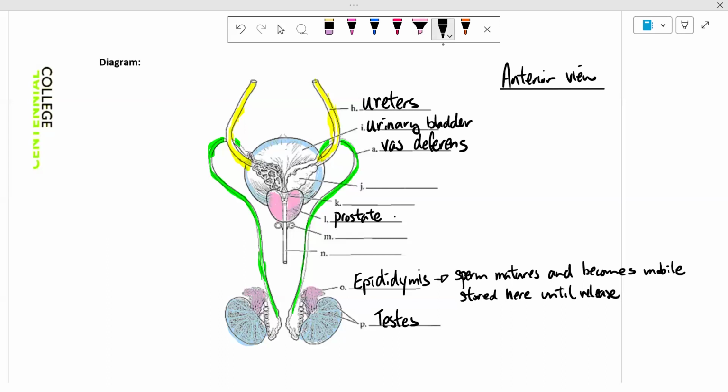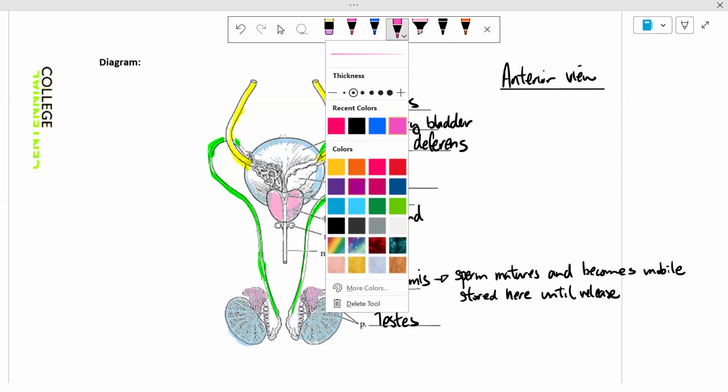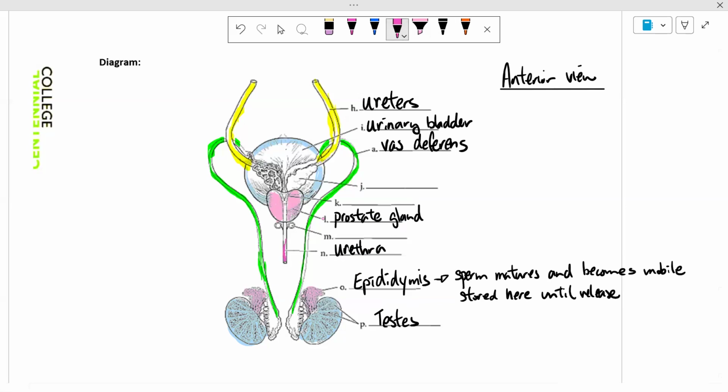I'll tell you what it does in a bit. There is the urethra here. I'm just going to color the urethra for you. It actually goes through the prostate gland, like a straw through an orange. You can think of it like that.